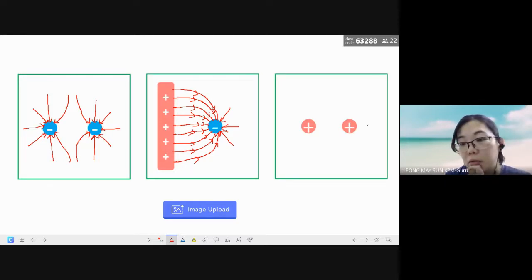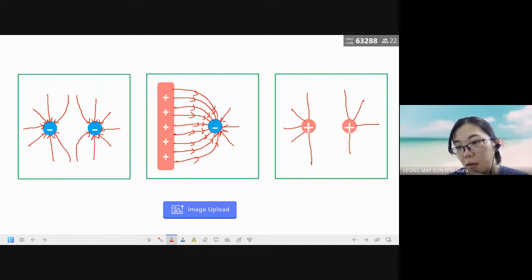Okay, so this positive line, because it's positive and positive, same thing, you can draw like this as well. Okay, draw the lines. They have the same magnitude because it's positive. All right, the lines should be almost the same as the negative one.